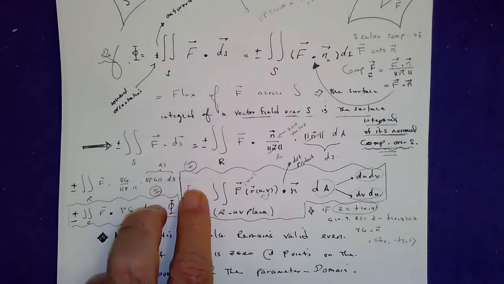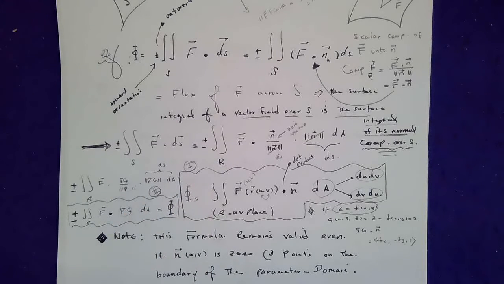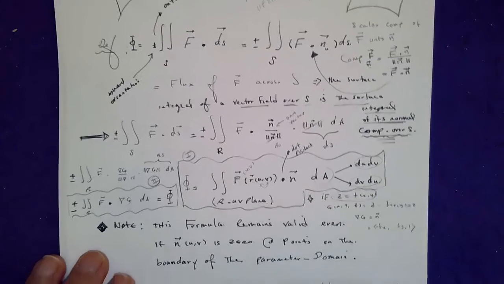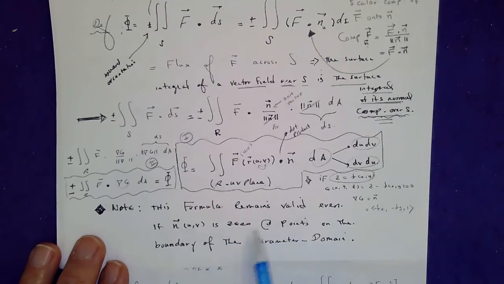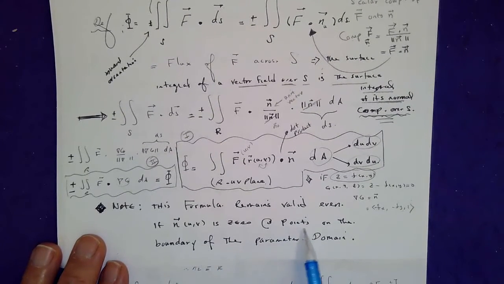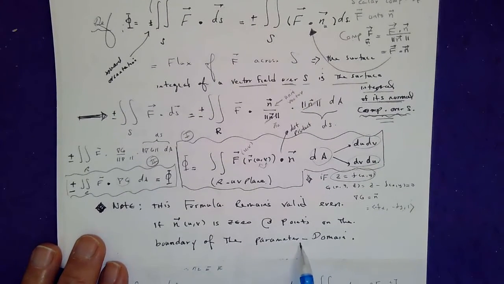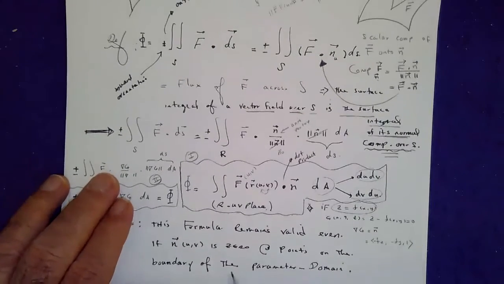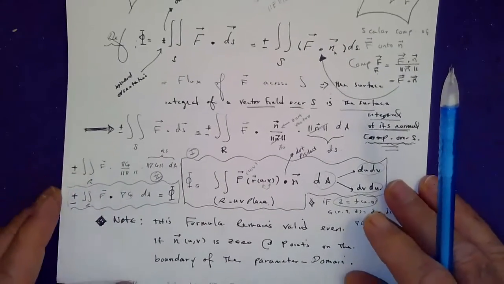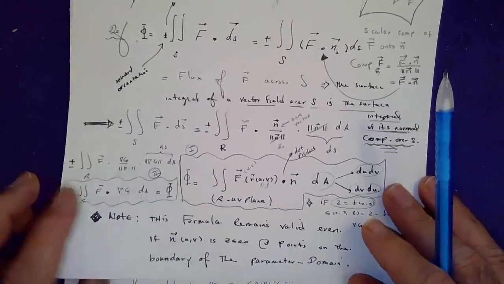Both of these can be used to compute the flux of F across surface S. Notice this formula remains valid if n is 0 at a point on the boundary of the parameter domain. So we will never get to that point. So just to make sure that you understand it.